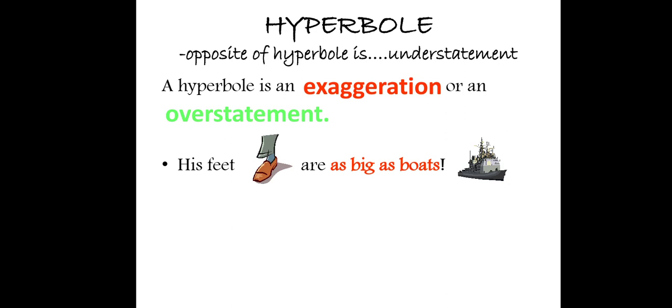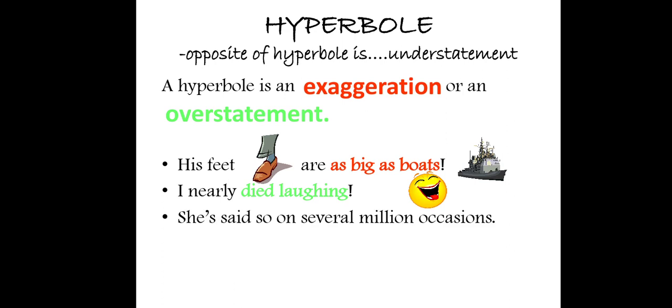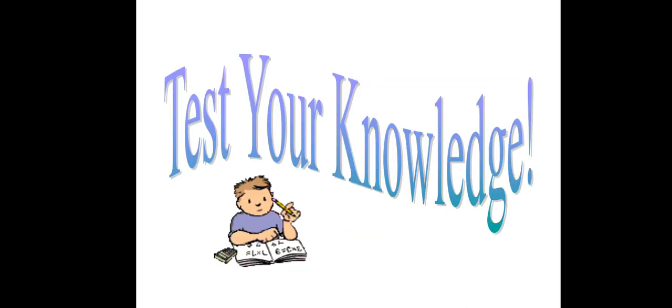The feet are compared with the boats, but it is an overstatement about the feet. I nearly died laughing. No one can die from laughing, but the exaggeration is seen. She has said so on several million occasions.